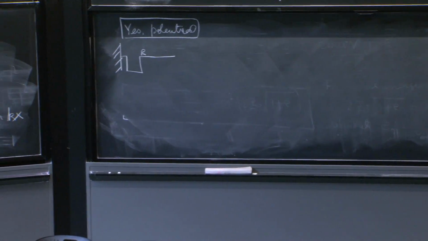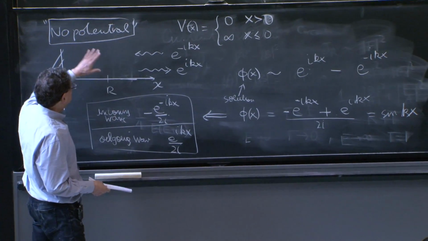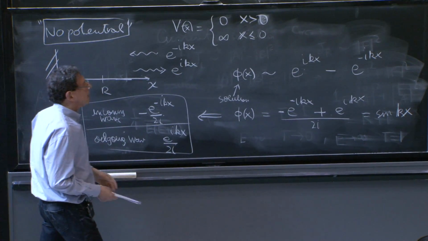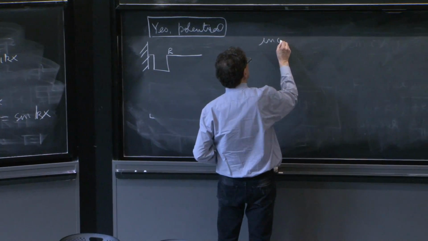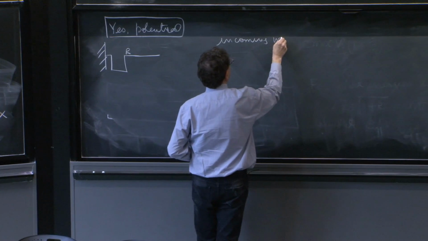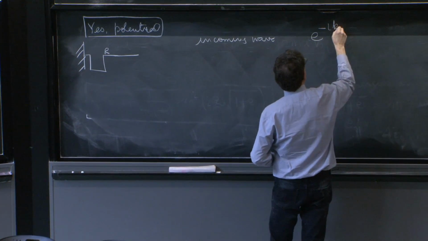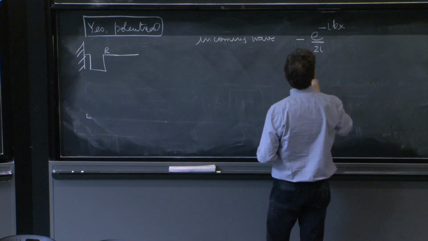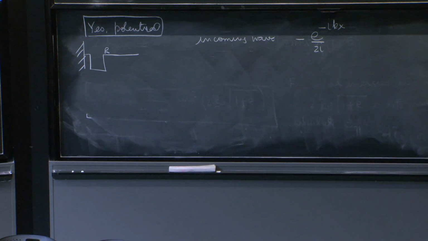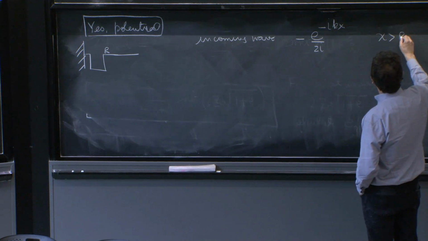So in order to compare, we'll take an incoming wave the same as the one where there was no potential. So let's take an incoming wave, which is of the form e to the minus ikx times minus 1 over 2i. But I must say here, I must write something more. I must say that x is greater than r.